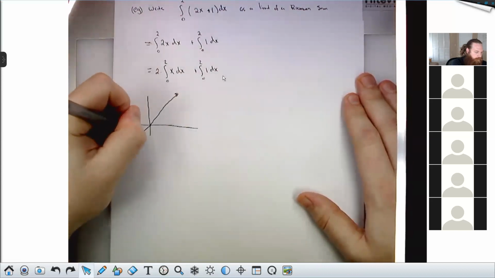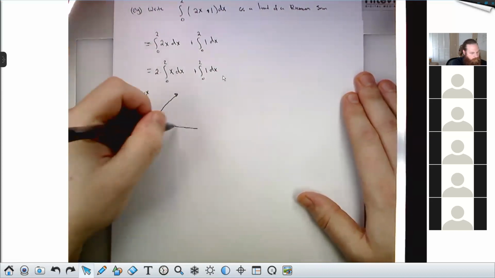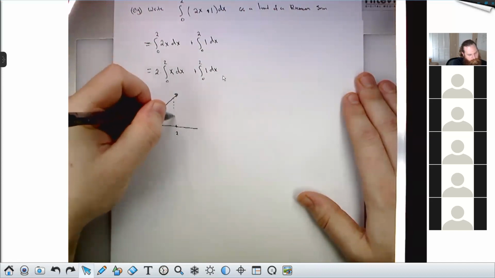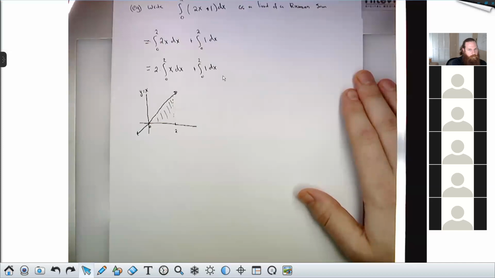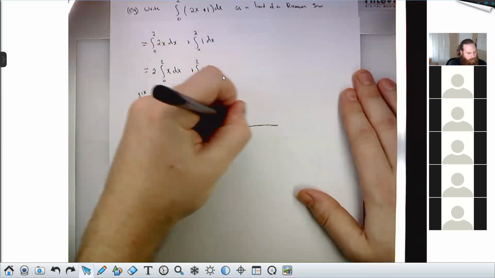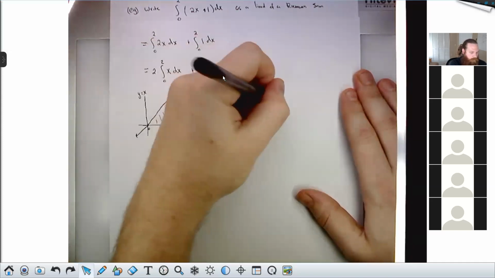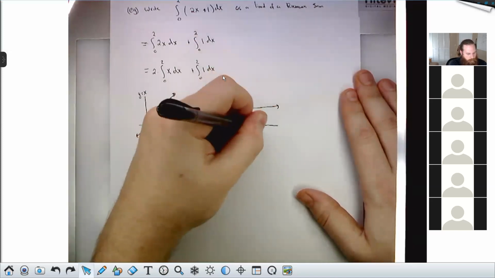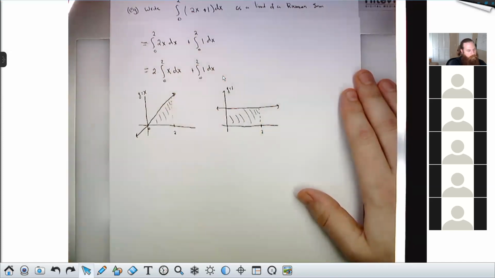Here's the graph f of x equals x. So this area I can crunch. And here's the graph of 1, the constant function 1. So here's the area being measured by the second integral.